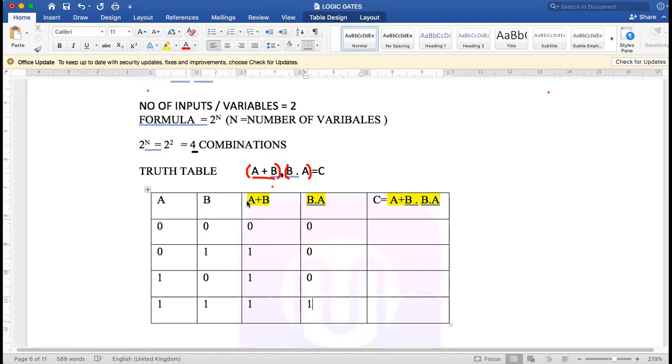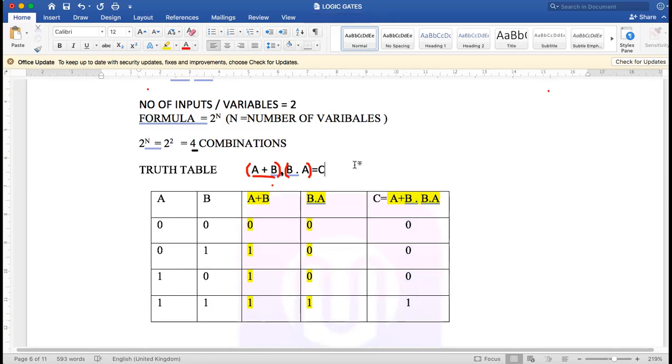Now what are we going to apply between these two in order to get C? You multiply the third and the fourth. 0 zeros are 0. 0 ones are 0. 0 ones are 0. 1 ones are 1. So in this way, we just found the result of our truth table.